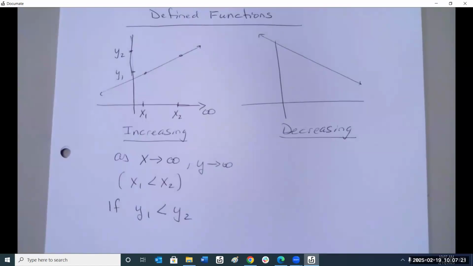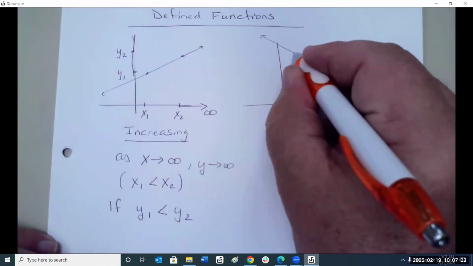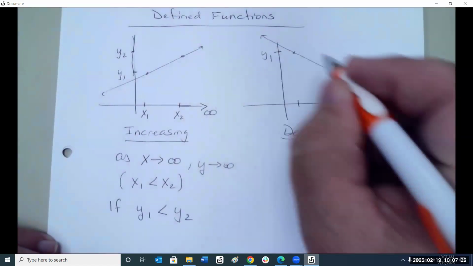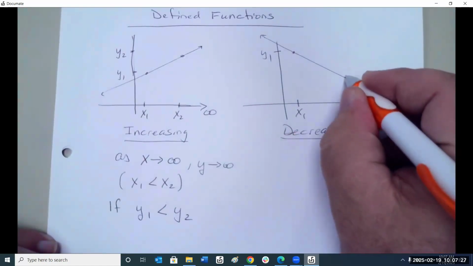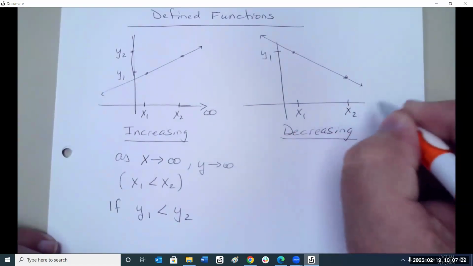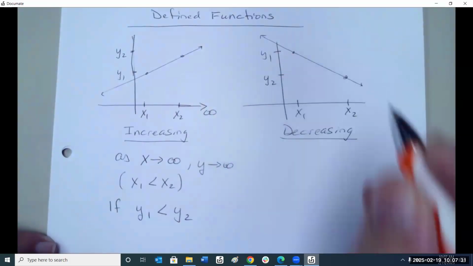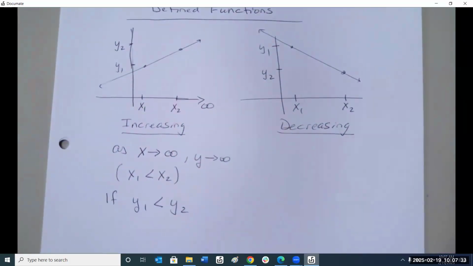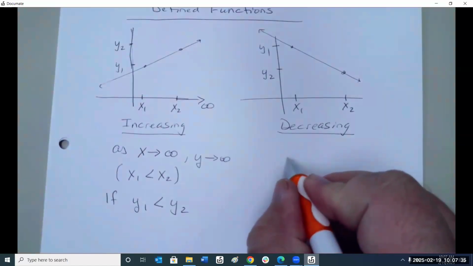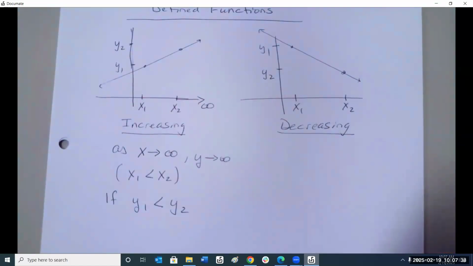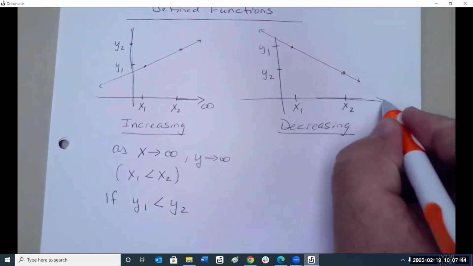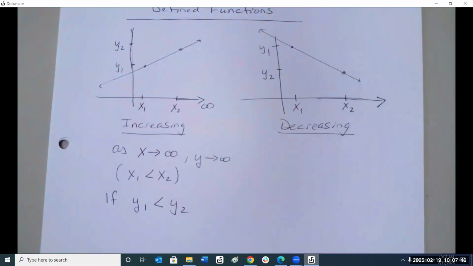How about decreasing? Same thing there. We have 2 points. Remember, we're always going to the right. X is always positive.